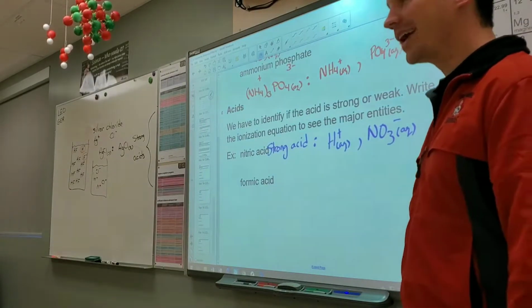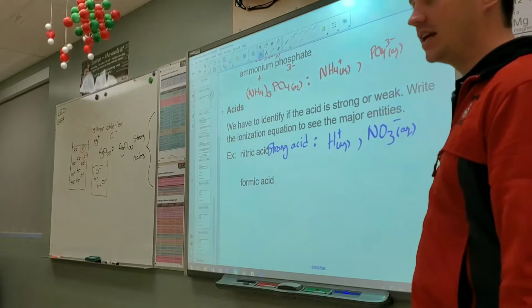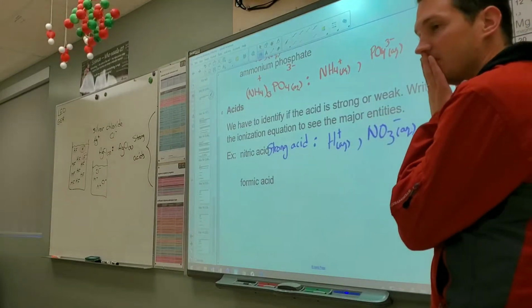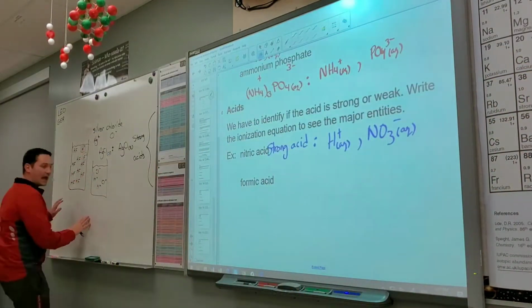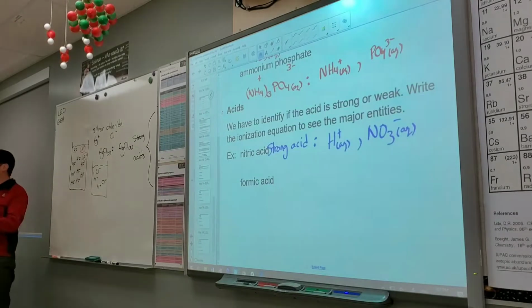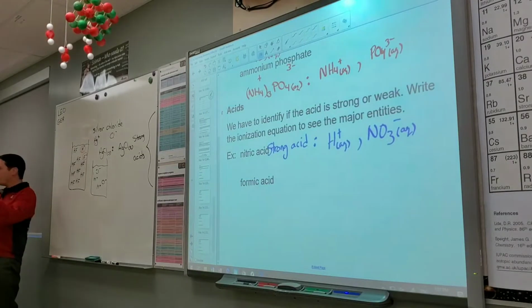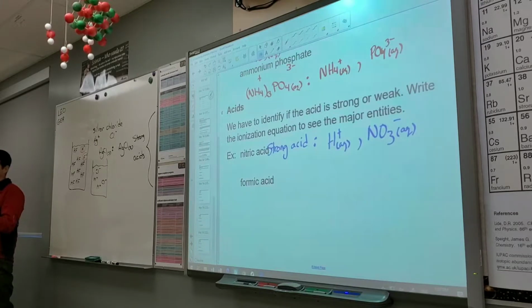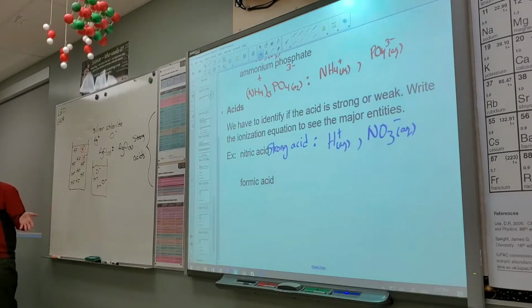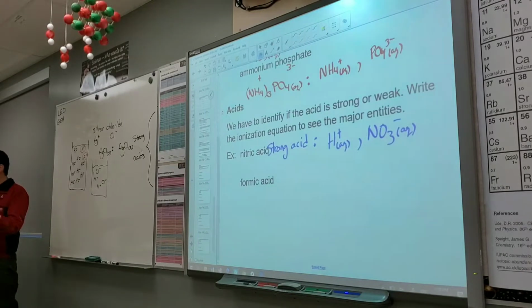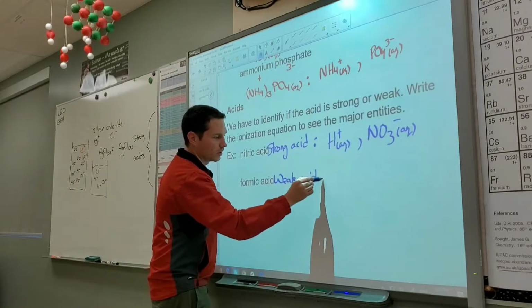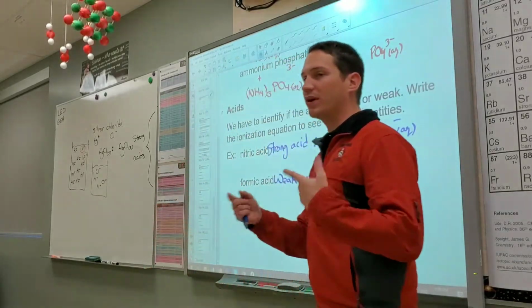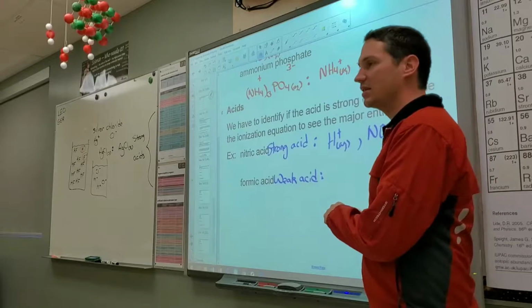What about formic acid? Try and find formic acid on the table for me, please. It's a weak acid. So when I add formic acid into my water, because it's weak, would you say that all of them release a hydrogen ion? No. I would say most of them don't. Some of them do, right? It's still an acid, but most of them don't. So because it's a weak acid, are we going to have tons and tons of H plus in that solution?